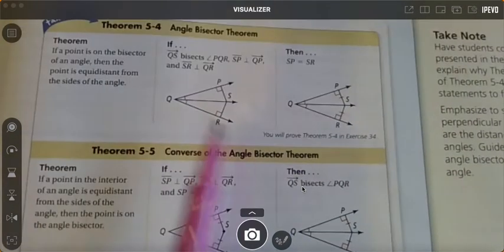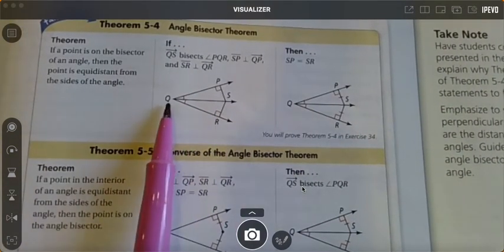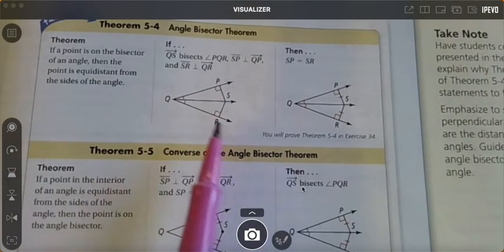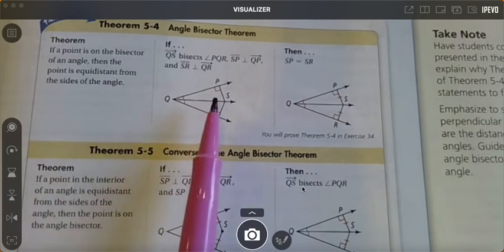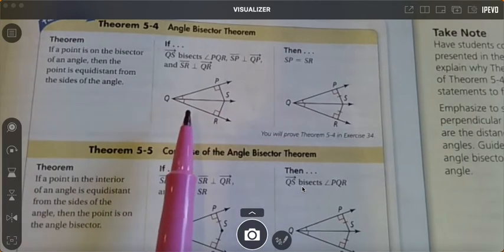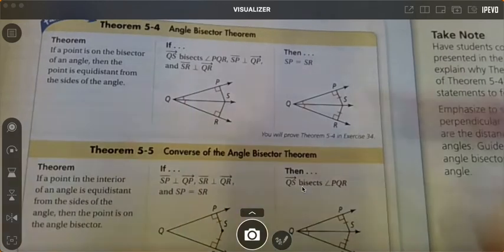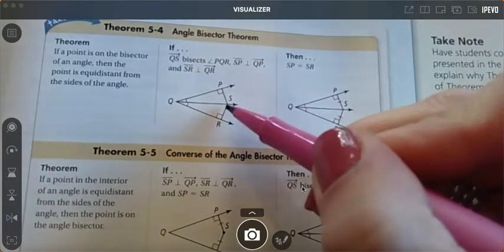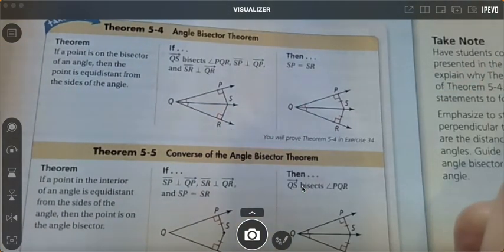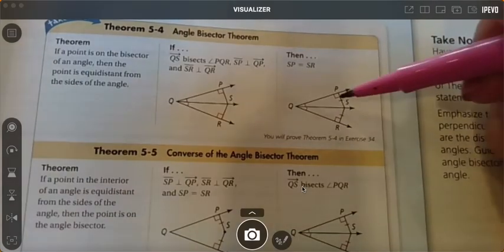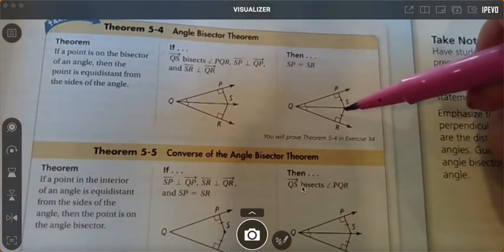If I have an angle and I cut this line through it, QS, so that it bisects the angle, then I can draw these two triangles here. I'll draw them in a second. And I would know that those two pieces are equal.